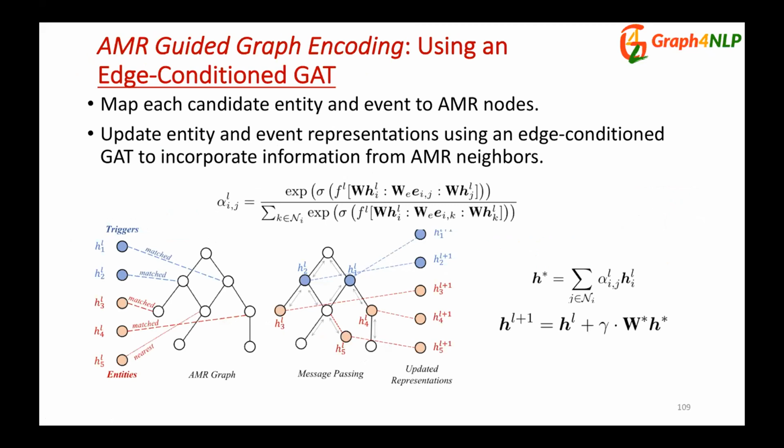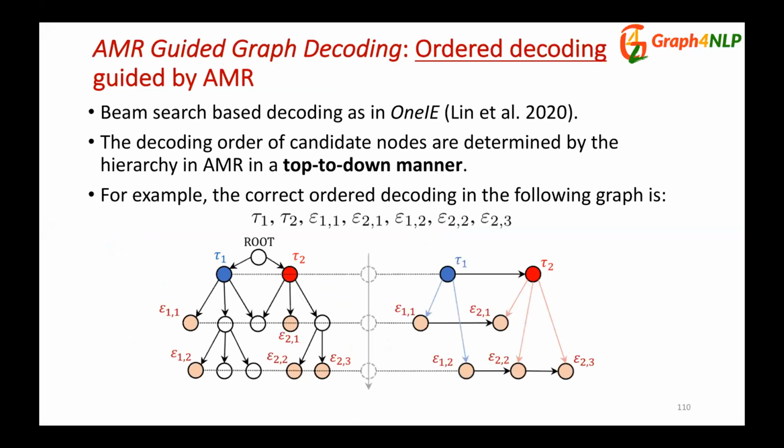In this way, we can effectively incorporate all the information from all the neighbors of each node and do message passing through the graph. So that's about encoding. And for decoding, since we now have this AMR graph serving as our intermediate representation, we can do decoding in this graph instead of the sequence.